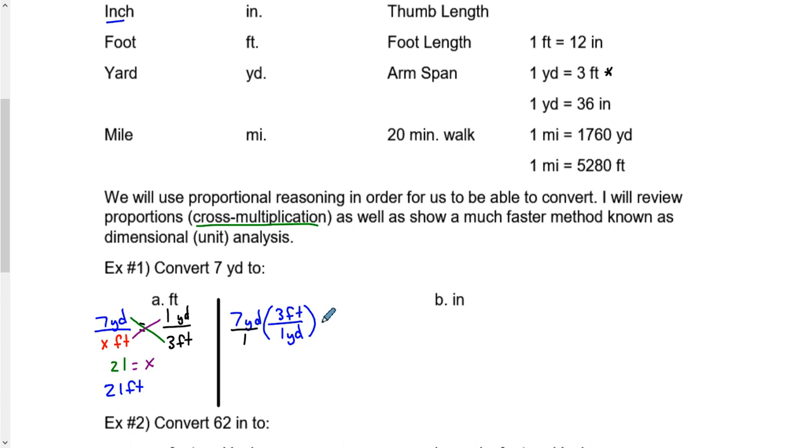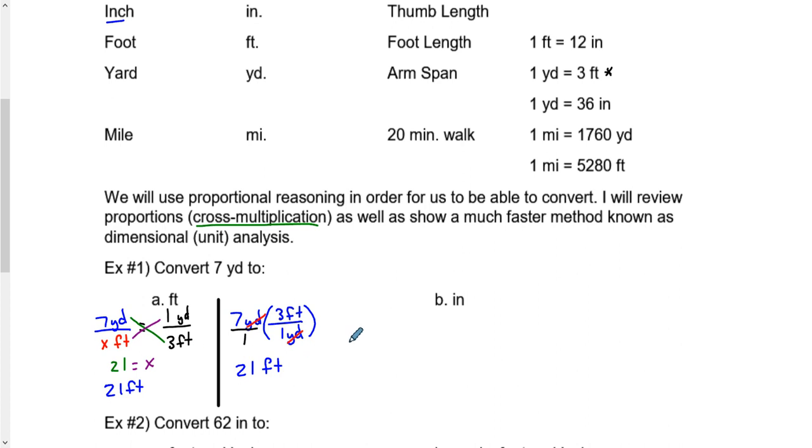Using proportional reasoning or dimensional analysis will go extremely quick. Because we have yards on the top and yards on the bottom, they cancel off, leaving us with only feet as our unit. 7 multiplied by 3, because multiplying fractions is numerator by numerator, is still 21. Our unit is feet. 1 times 1 is obviously 1.